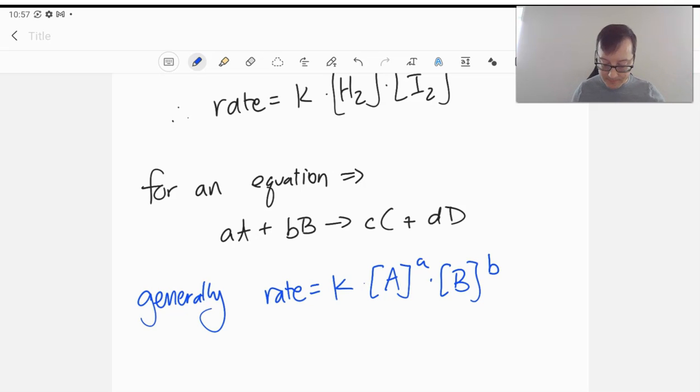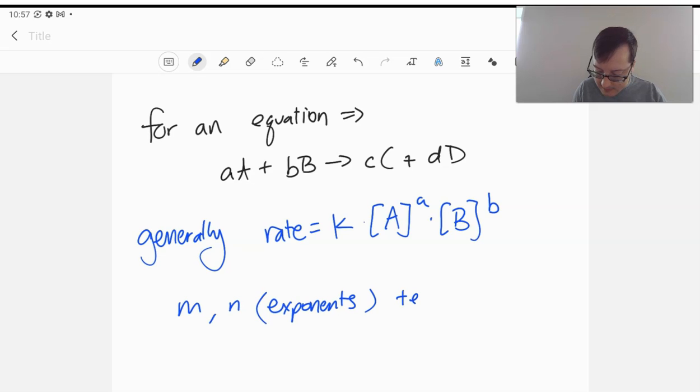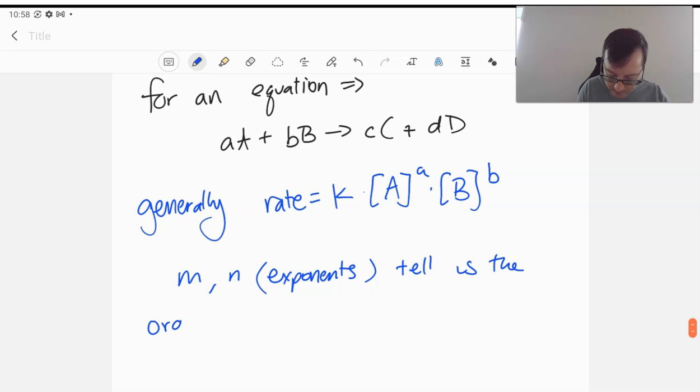One last thing here. M and N, those coefficients that we had, those were the exponents, tell us the order of the reaction.